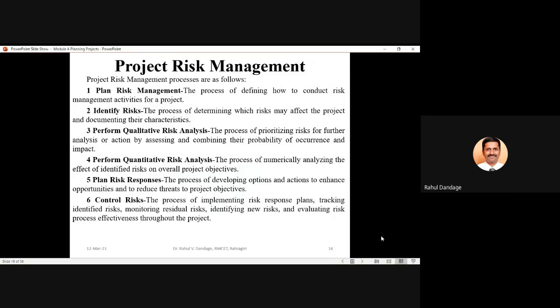Identifying new risk. Some risks may not have been identified in the initial stages when you went through the identify risk process, because some risks can come to your project as a completely new kind of risk, because a project is a very unique activity. So you cannot compare your project with a similar project carried out earlier.